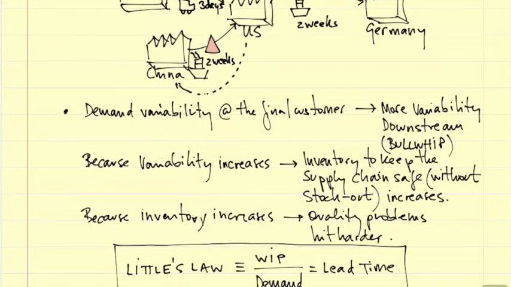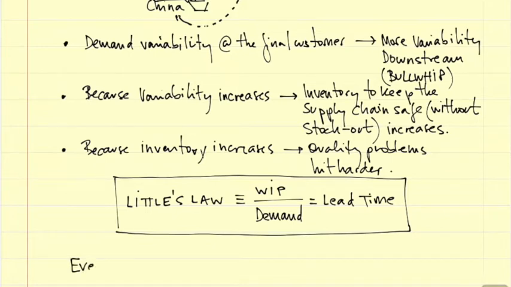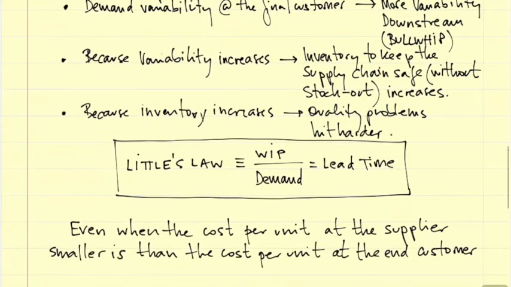Because this chain of thought is important, even when the cost per unit at the supplier is smaller than the cost per unit at the end customer, at own firm, not the end customer, at own firm who is deciding, own facility.